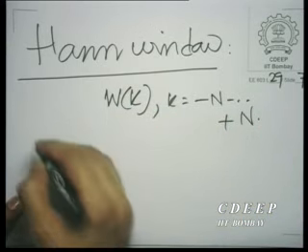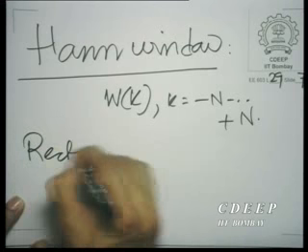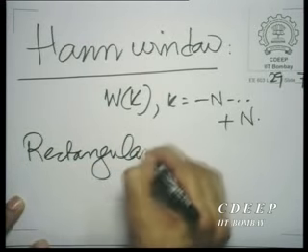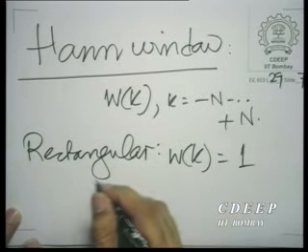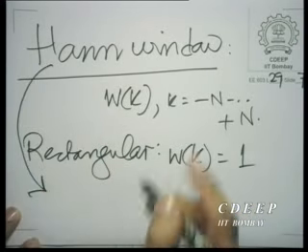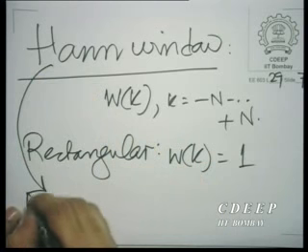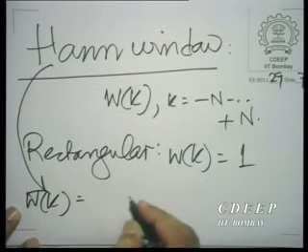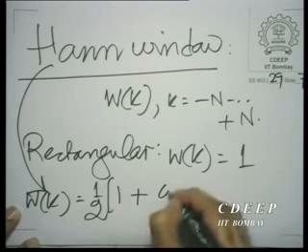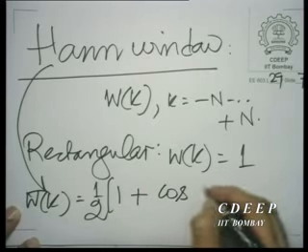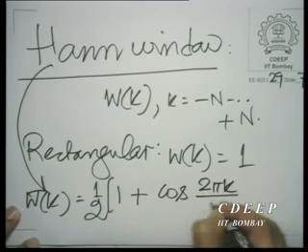So, for example, the rectangular window is specified by w[k] equal to 1, and the Hann window is specified by w[k] equal to half times 1 plus cos 2 pi k by 2N.